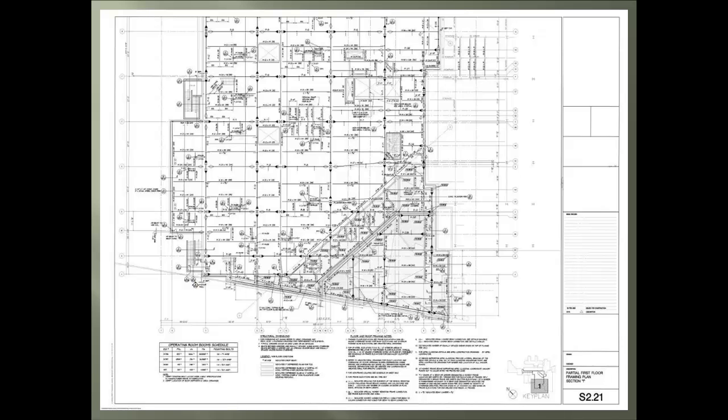Now, we move on to the second topic of this segment, which is the views of any set of drawings. We see page S2.21, partial first floor plan. Now, this is the first view, which is known as the plan view. But think of this as a bird flying over the sheet and looking down on it. Here are the items of importance.